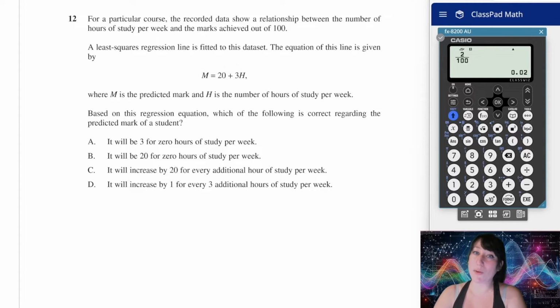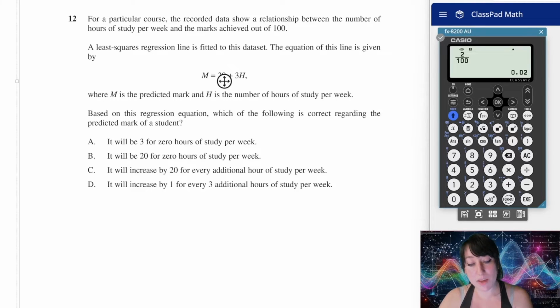So to answer this question, we have to be familiar with linear relationships and their equations, about the gradient and the vertical intercepts, and what they mean in a regression equation. So least squares regression lines are often written in a different order than our typical y equals mx plus c.